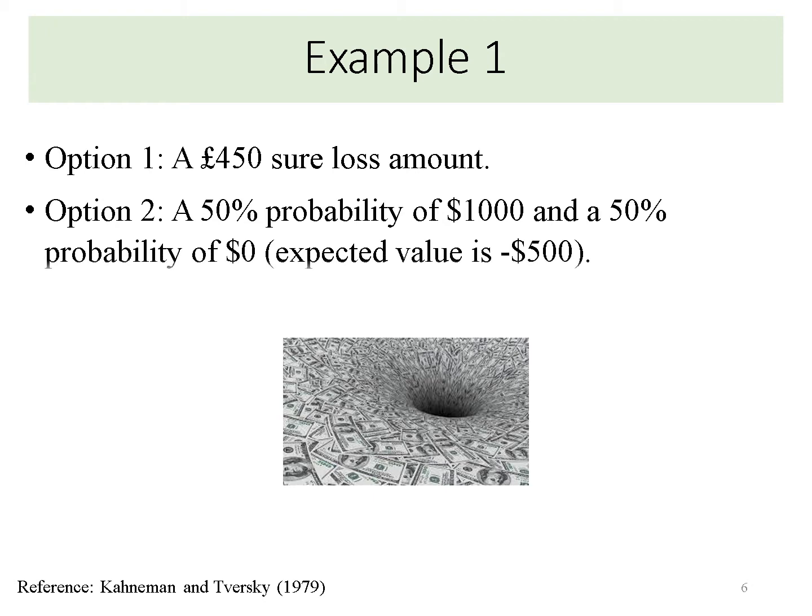This means the expected value is negative $500. Which option would you choose? Well, using standard utility theory, option 1 would be the rational choice. The absolute value of the losses is lower in option 1.